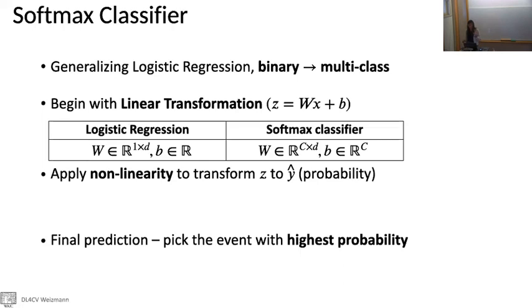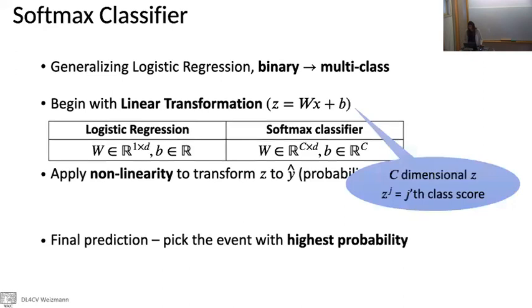W, the weight, is now a matrix of dimension big C, the number of classes, times the dimension, and B is a vector in R^C. And we can think of it as a score. So Z, the output, is going to be the score for the J-th entry of this vector, which is going to be the score for the J-th class.